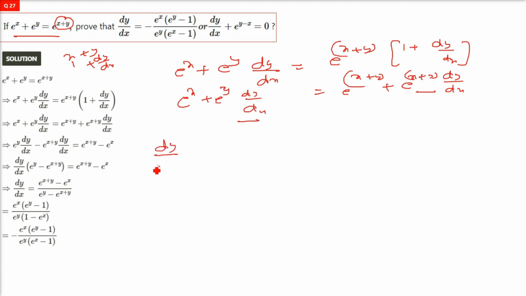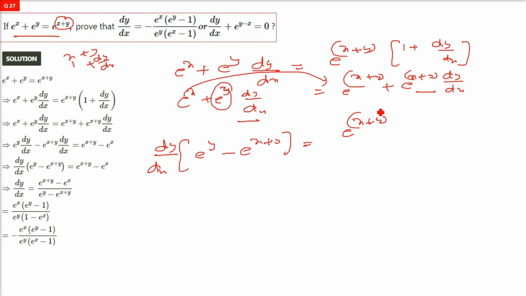So dy by dx, you have this e to the power y and minus e to the power (x plus y). And then we have e to the power (x plus y) and minus e to the power x. Alright.